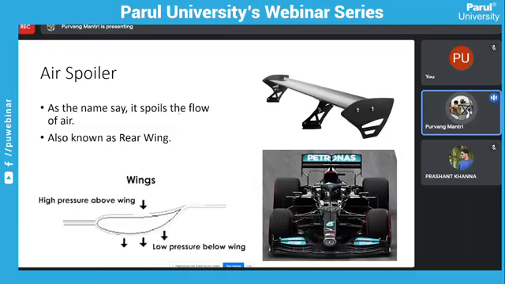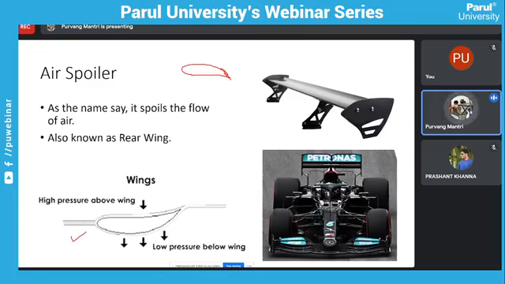Now we have always heard of this particular device. It is an air spoiler. Some call it a rear wing. Now, what an air spoiler is, I would like to say, is an inverted aerofoil. If we consider the cross section of an aerofoil, it looks something like this. But in case of our vehicles, we use inverted aerofoils, which is shown here.